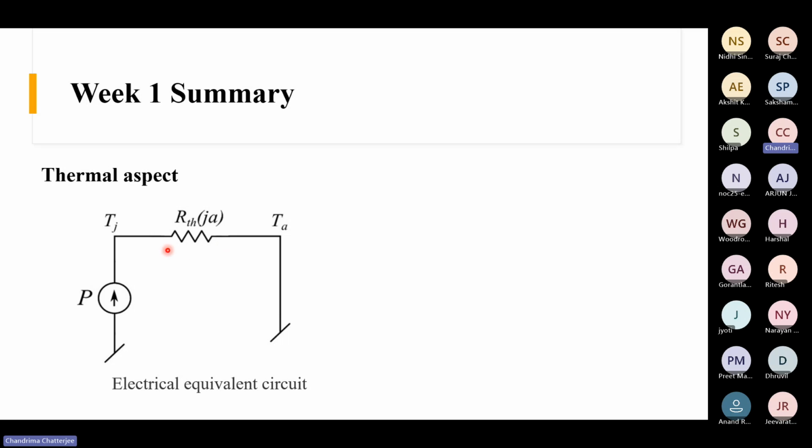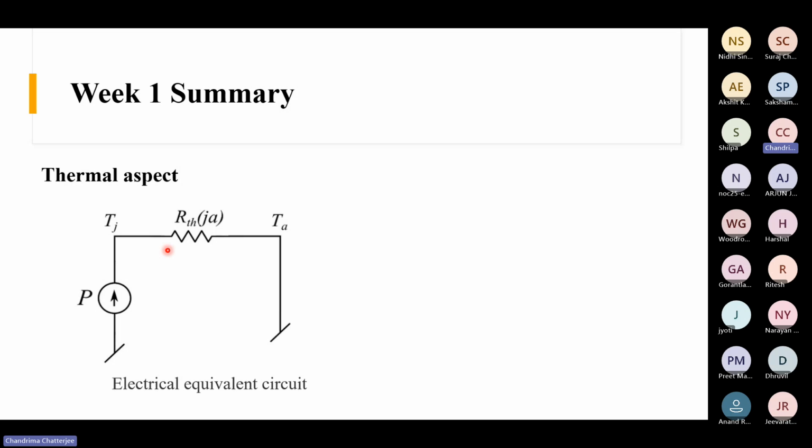So what we do is we use some heat sink. What is a heat sink? A heat sink is what helps to dissipate the heat from the device. Its thermal conductivity should be very high, and it should take away the heat from the device and dissipate it in the ambient, right?